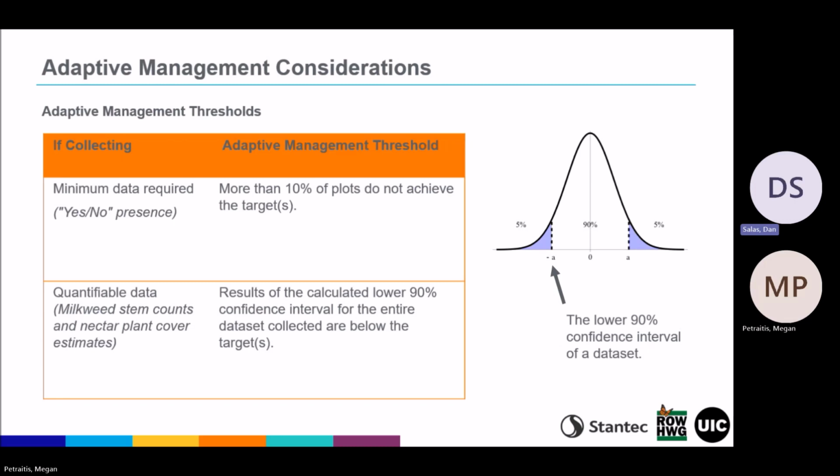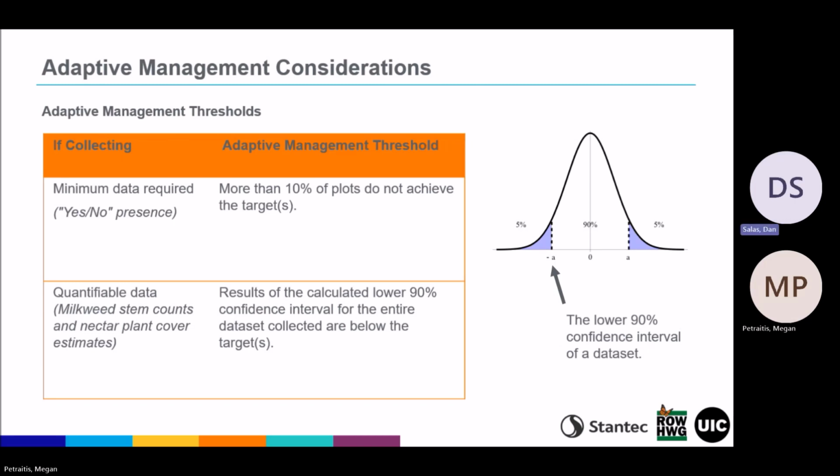And so if you're actually counting stems or estimating percent cover, that unlocks the lower 90% confidence interval adaptive management threshold. And again, this is built into not only the geospatial database, but also the calculator that we've been talking about. It builds in basic statistics on the data set that you've collected.